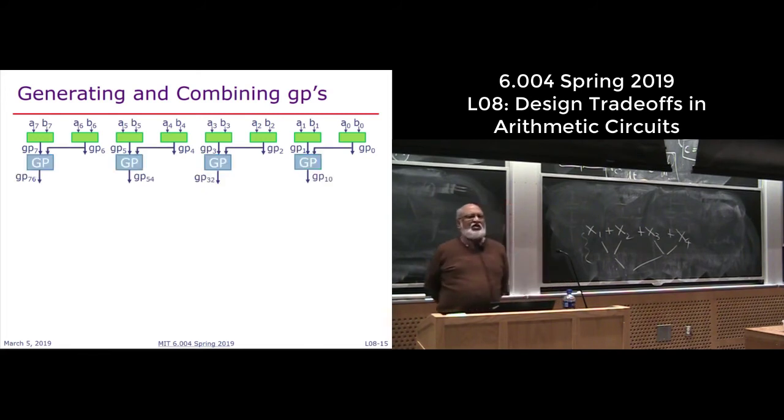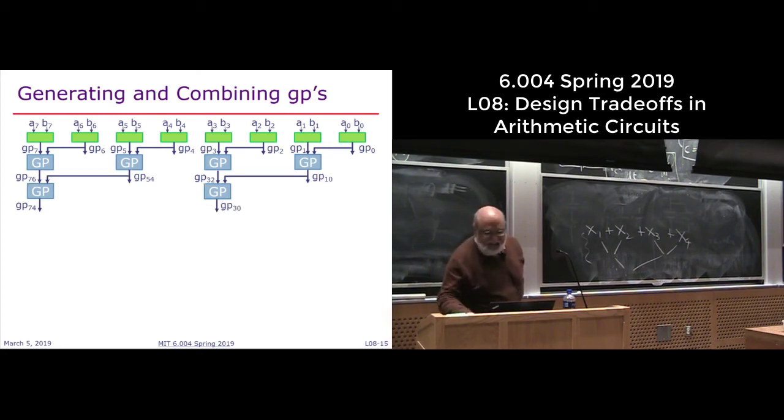Do these GP boxes make sense? I'm just taking neighbors and combining them together. I have already given you the formula for combining them. Once you combine it, you get propagate and generate signals coming out of them. What do you think is the next step? Combine them again. You keep combining the neighbors, right?